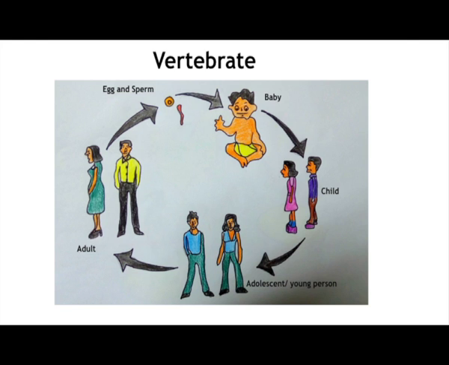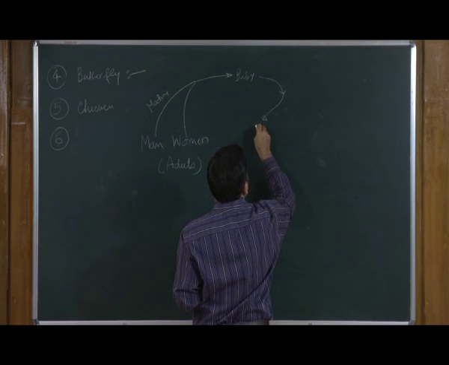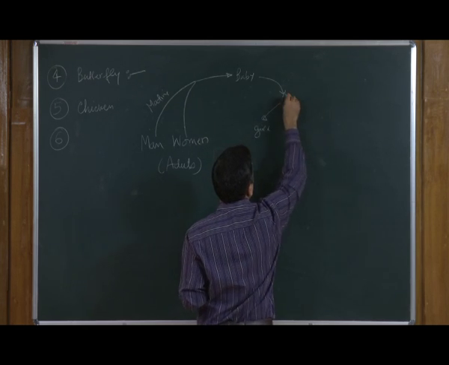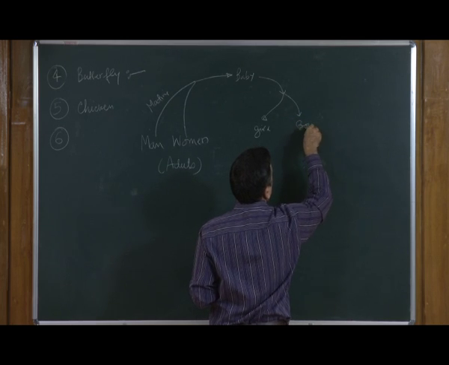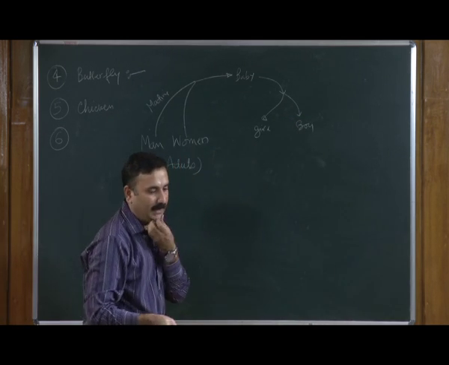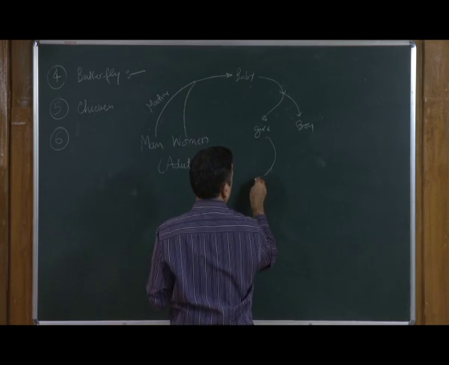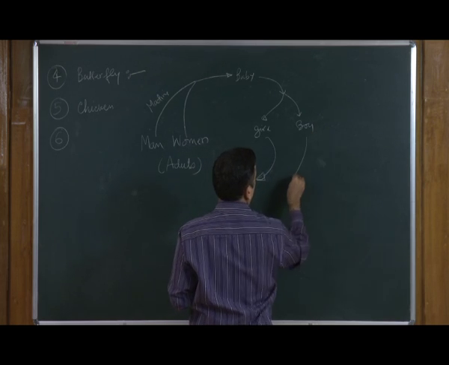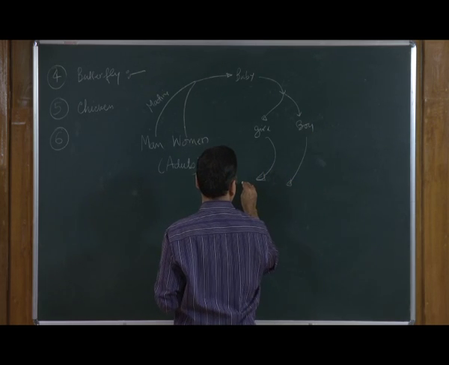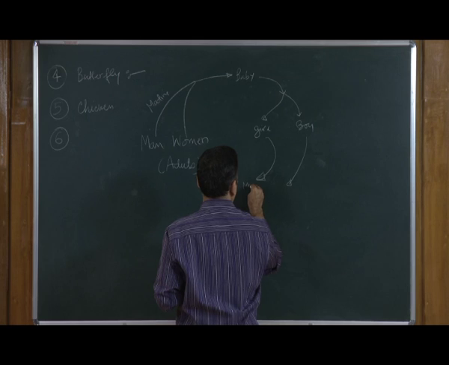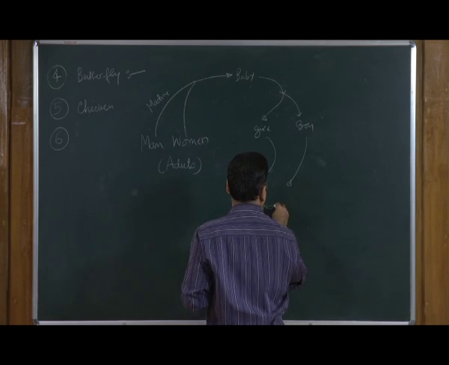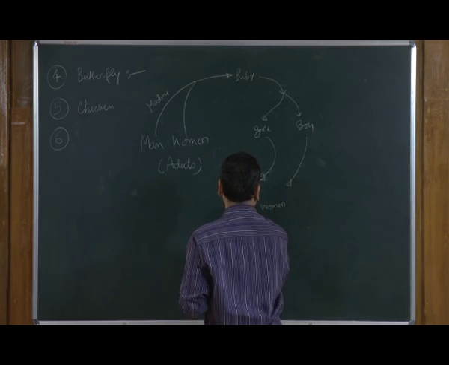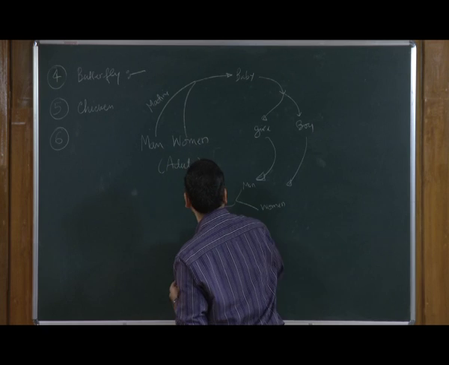This baby could be a girl, could be a boy. Okay. And then these two grow into their respective adult stages, the man or woman, and that continues the same cycle, and it runs like this.